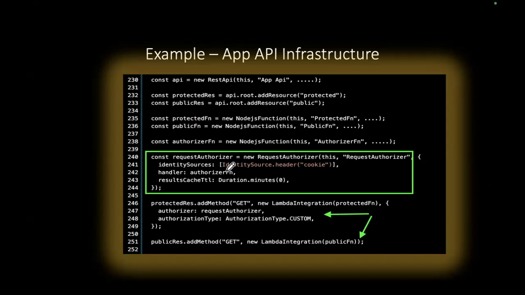We're also configuring it. We're telling it not to do any caching of tokens, which makes sense. And we're telling it where to find the JWT token: inside the cookie header that comes with a request.